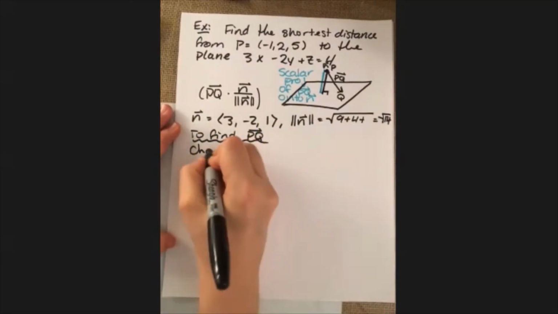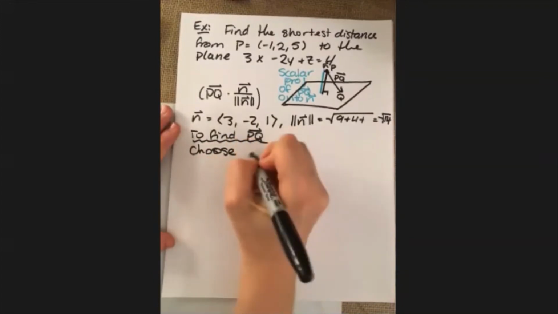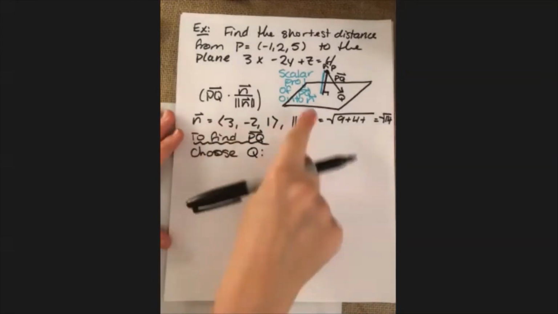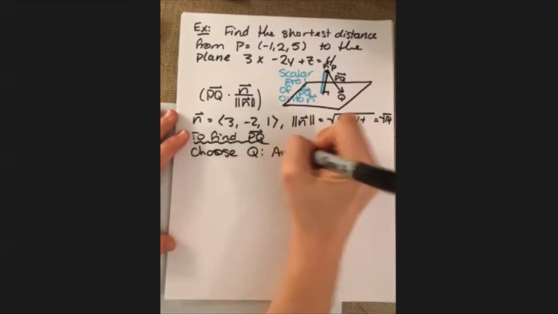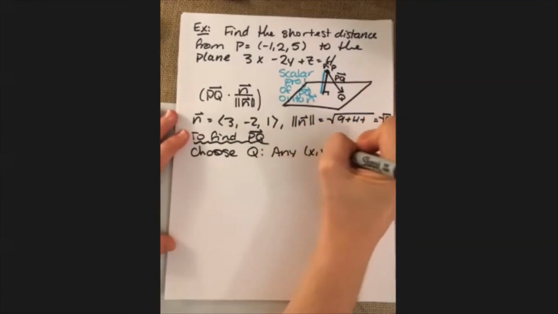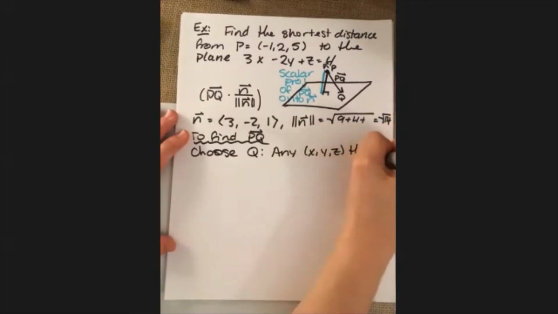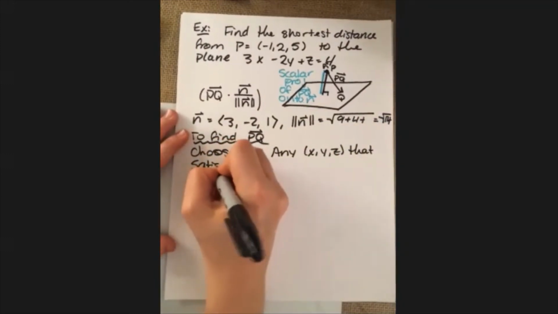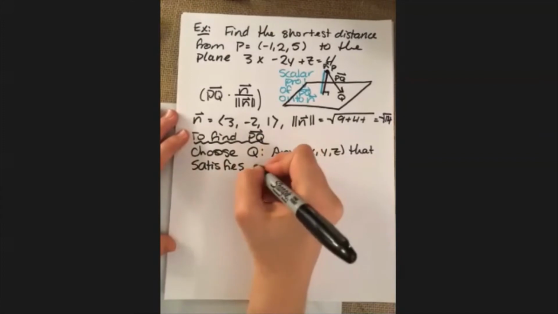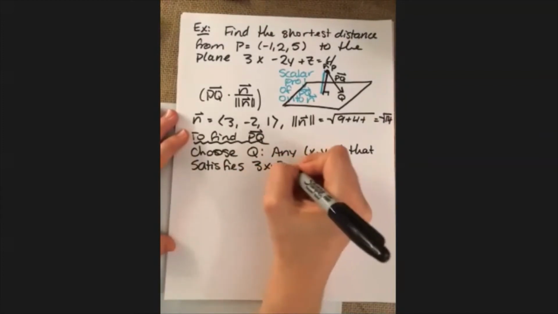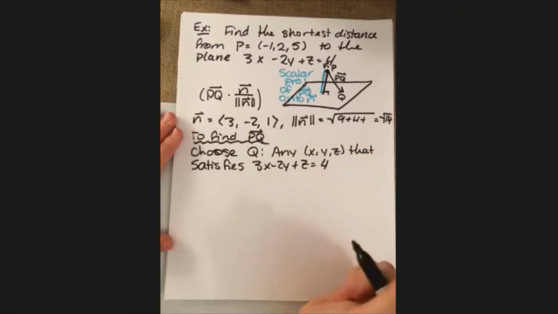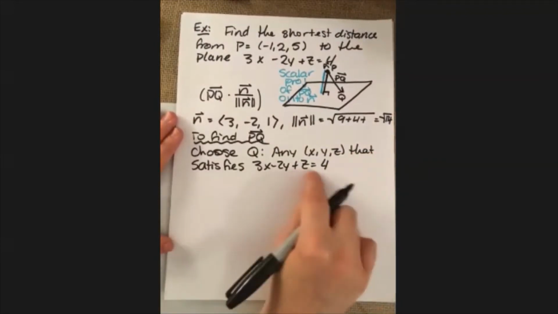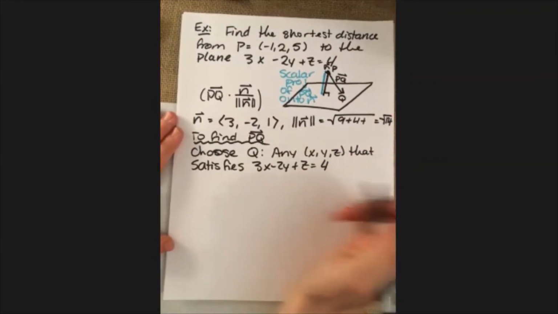We first have to choose our point Q. It can be any point on the plane, which means it can be any point (x, y, z) that satisfies 3x minus 2y plus z equals 4. When you're working with these kinds of problems, the easiest thing to do is to plug in 0 for two of the variables and then figure out what the other one has to be.